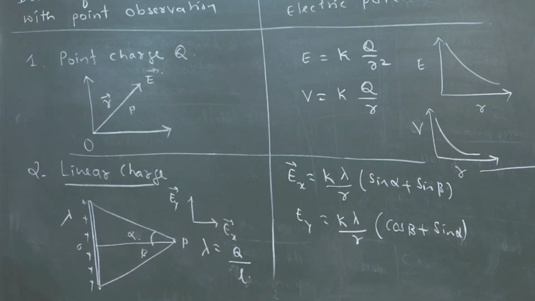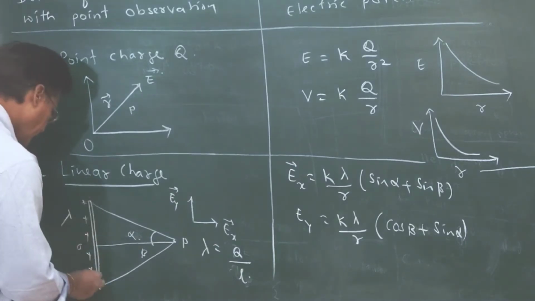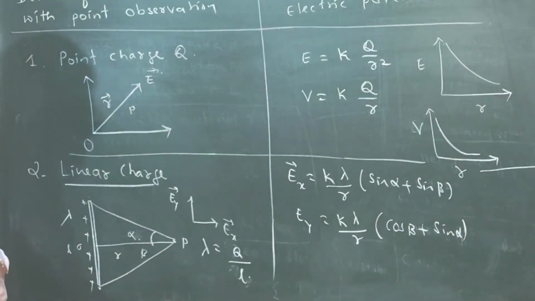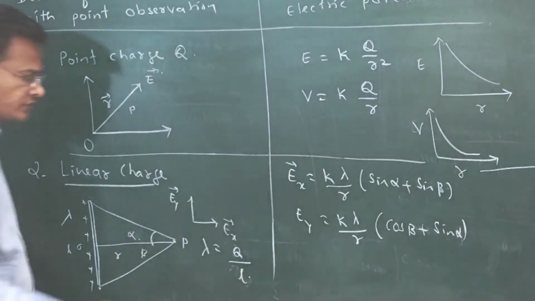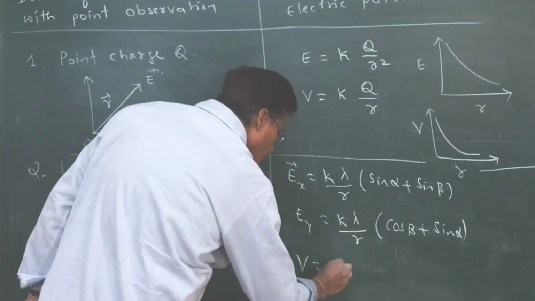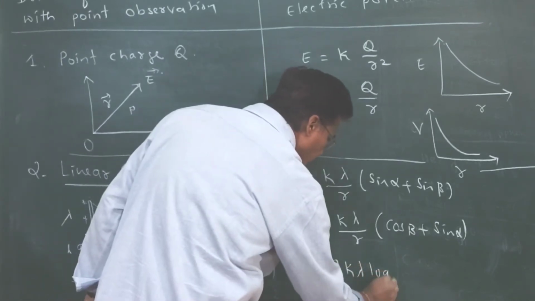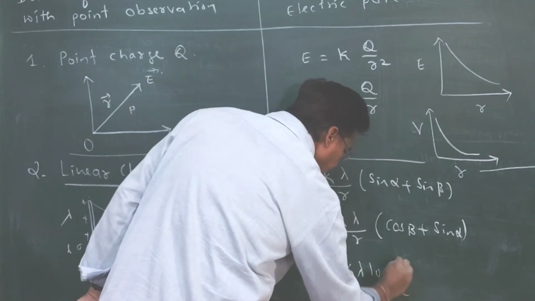Now we are going to see electric potential. We are going to understand the electric potential. So this is the length L we are taking, this is R. So electric potential, V equal to 2K lambda log to the base e bracket.